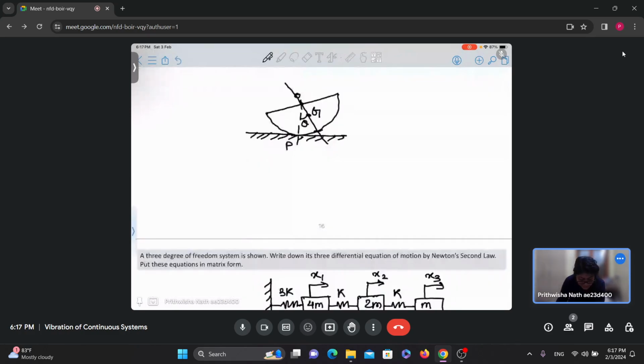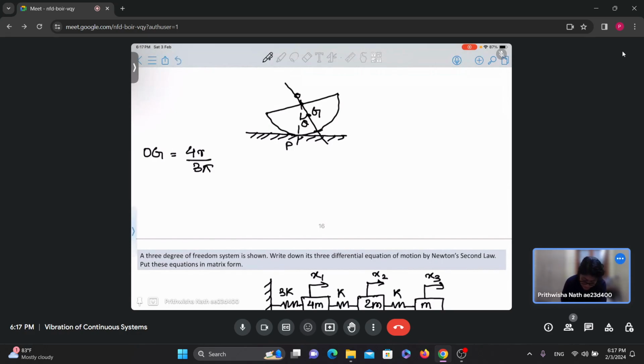So what is this distance OG? OG can be found out to be 4r by 3 pi.